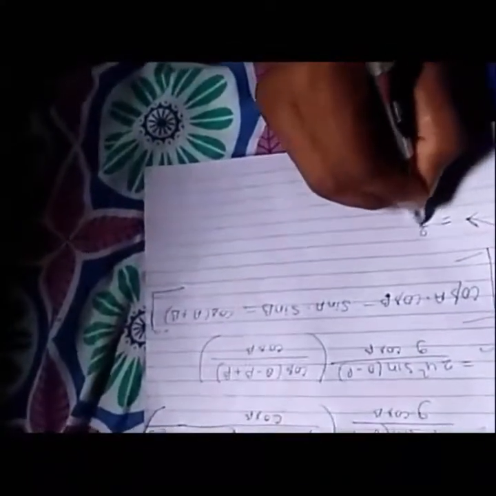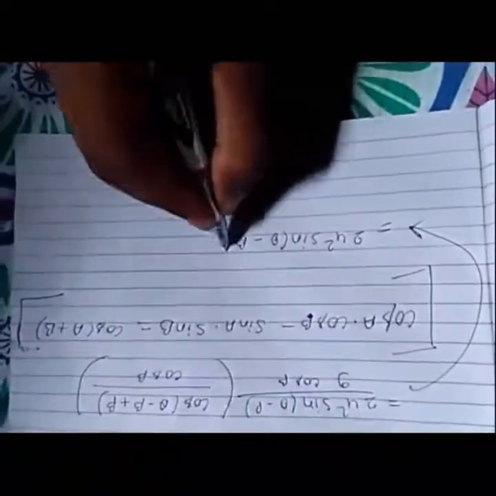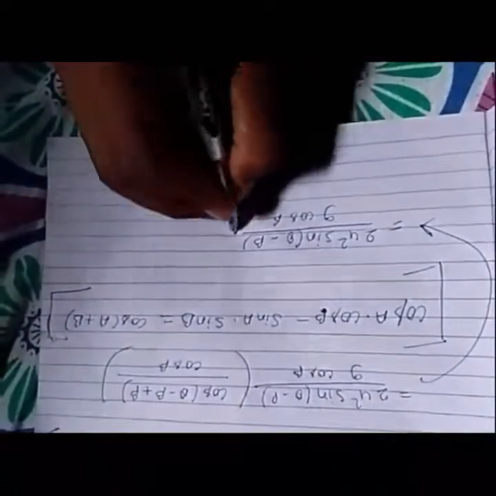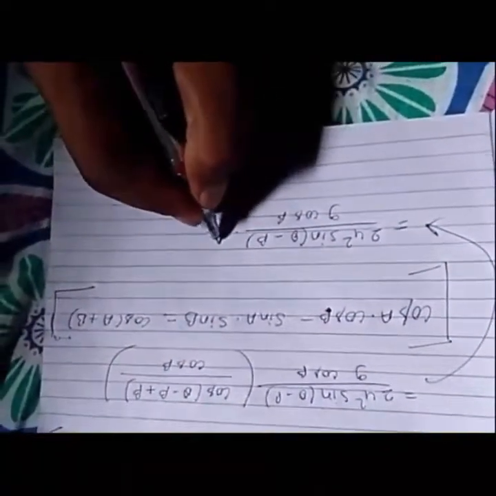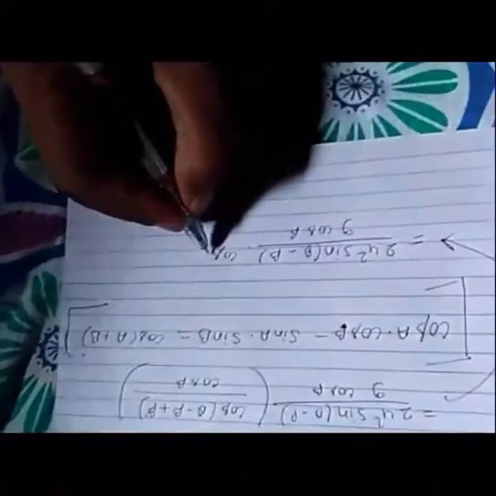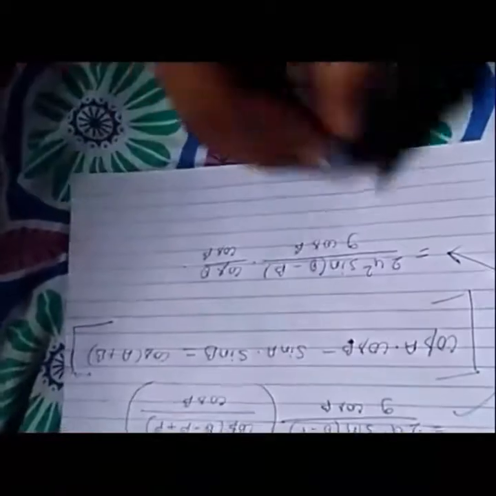Now writing this step here, we get 2u square sin theta minus beta divided by g cos beta, and here this beta gets cancelled, cos theta upon cos beta.